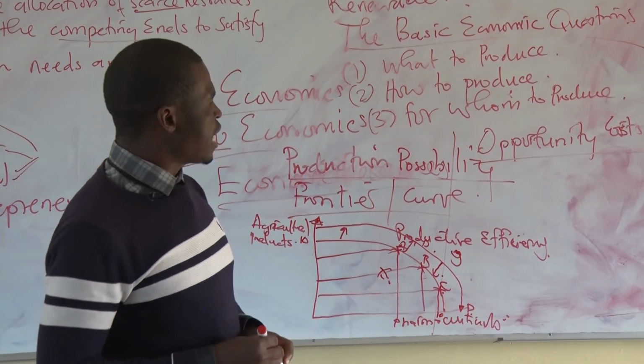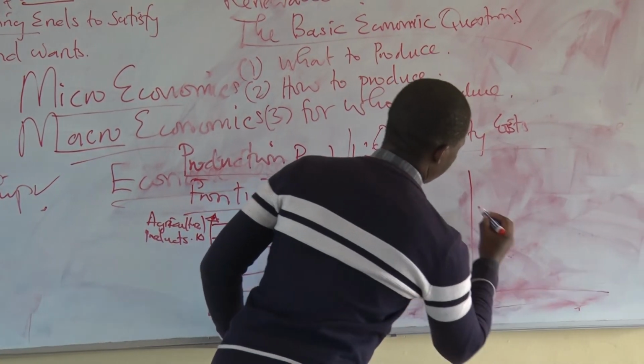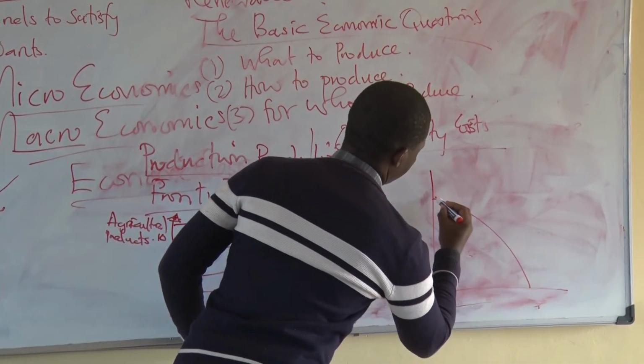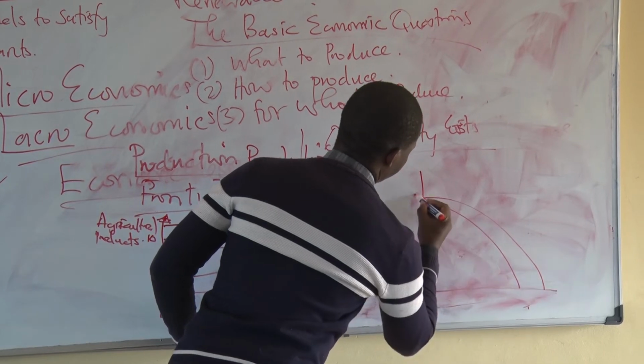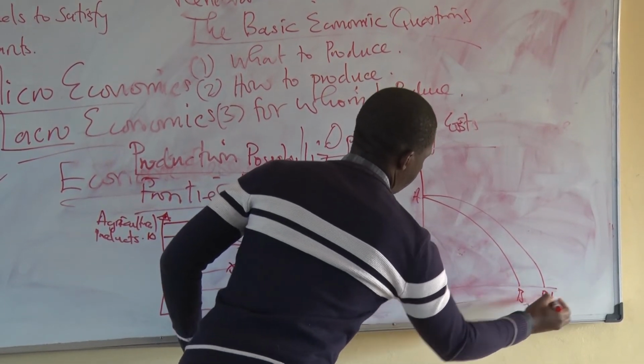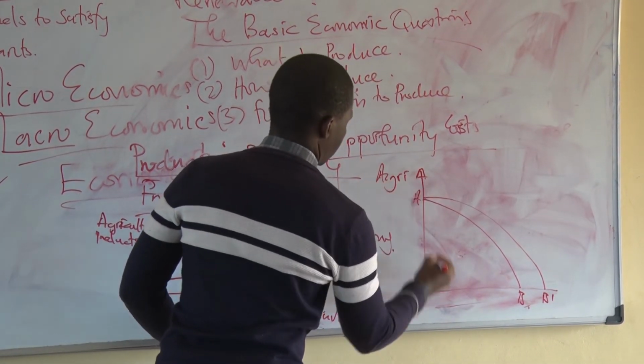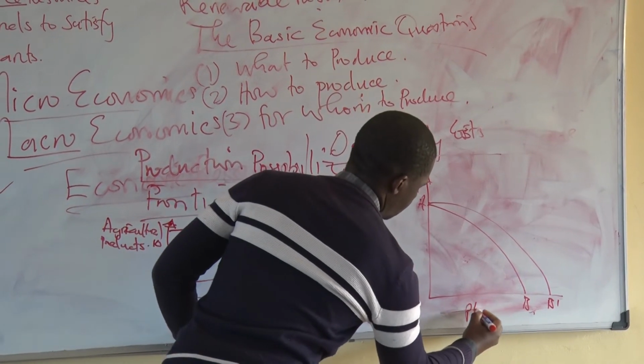There is another movement in the production possibility frontier. These are agricultural products. These are pharmaceuticals.